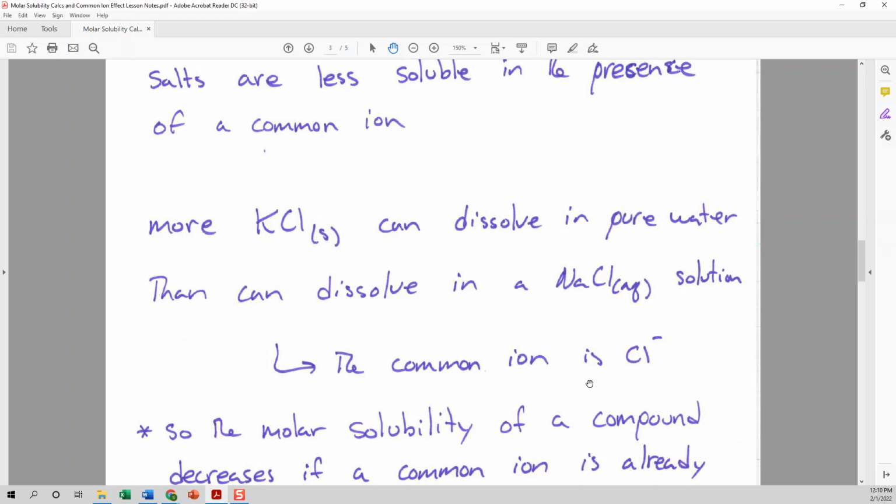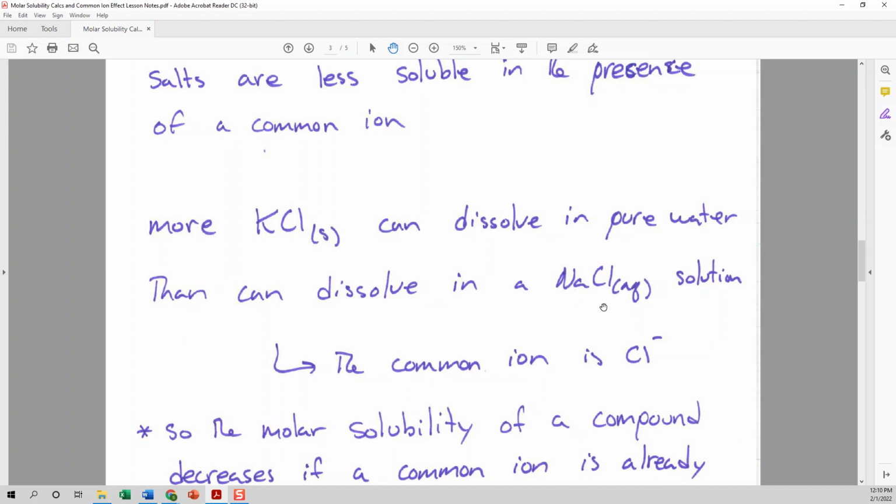But if you're taking an ionic solid and dissolving it in a solution that contains another dissolved ionic salt, and one of those ions in the solution is one of the ions in the salt you're trying to dissolve, the less of that particular compound you're going to be able to dissolve.